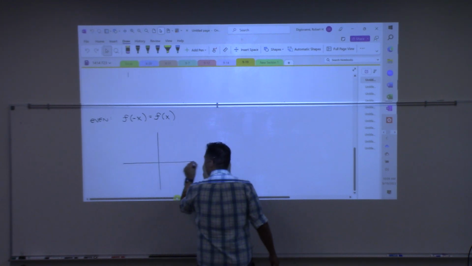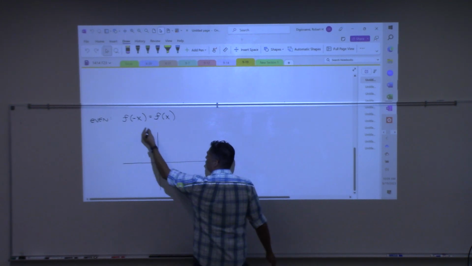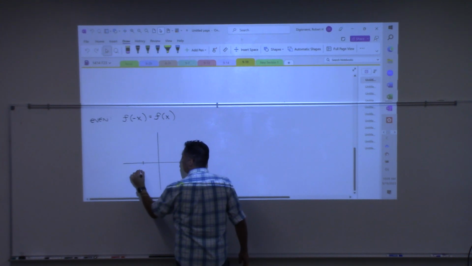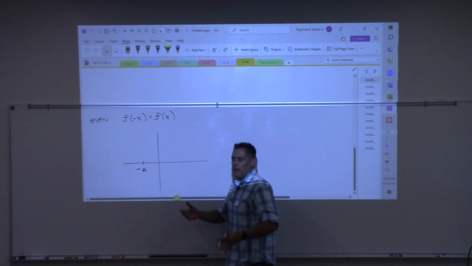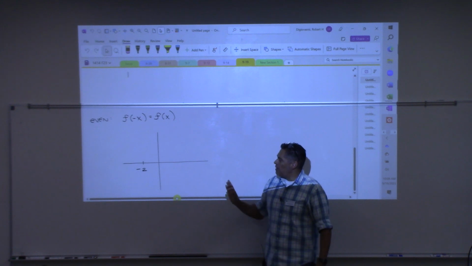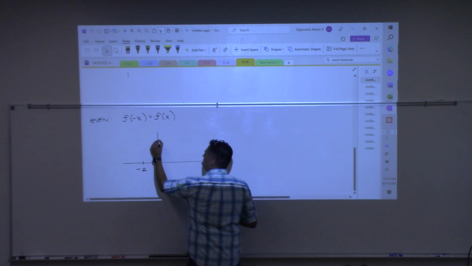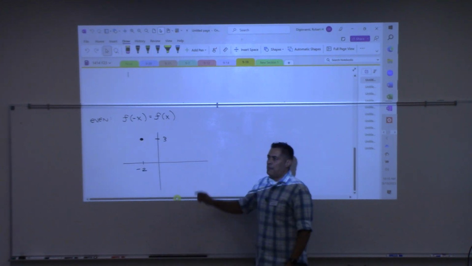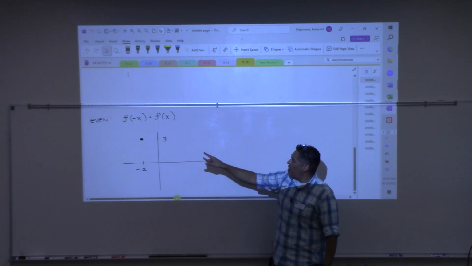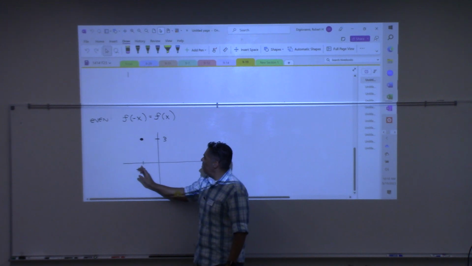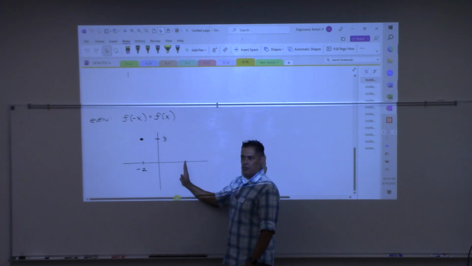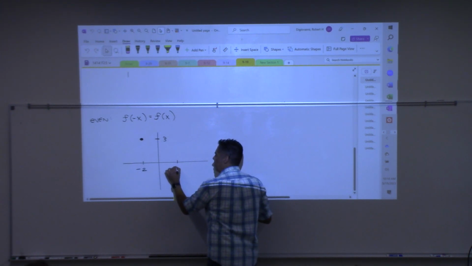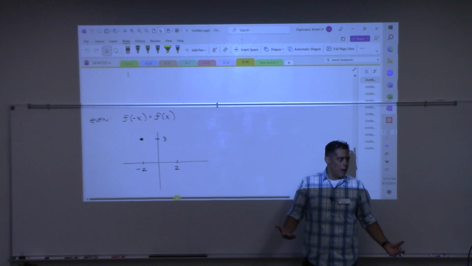So let's just say that when I plug in, let's pick a negative number, let's just say when I plug in -2, I'm just making this up, let's say it spits out 3. Okay? To be even means that when I plug in -2, I get the same thing as plugging in +2. So what should I get if I plug in +2? 3 as well, right?